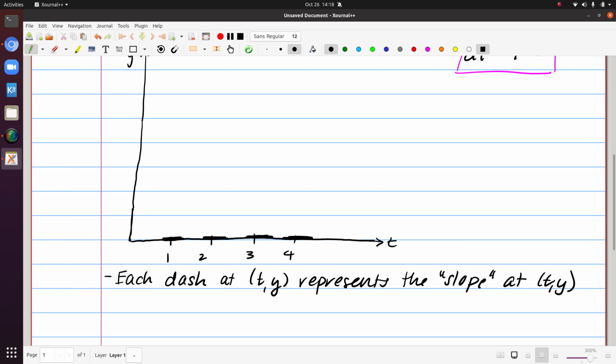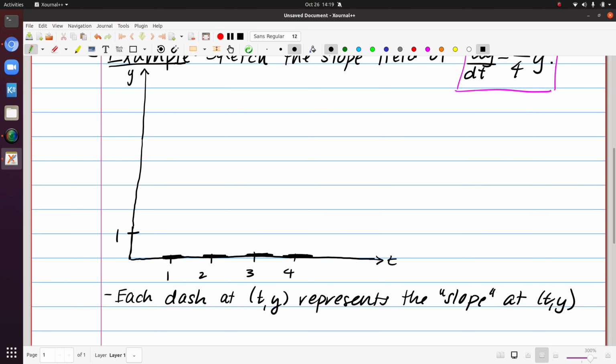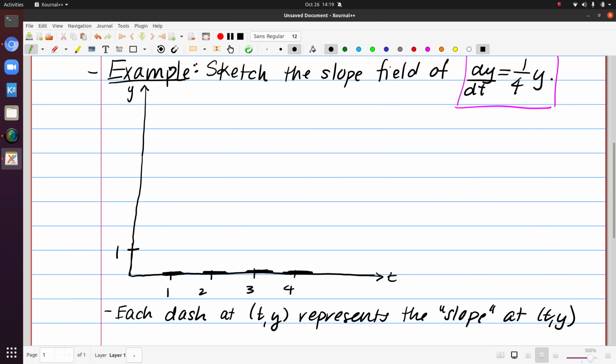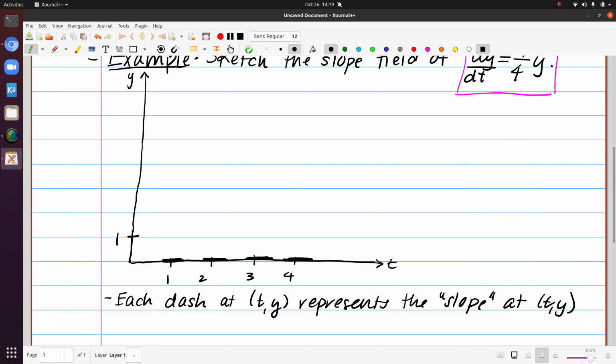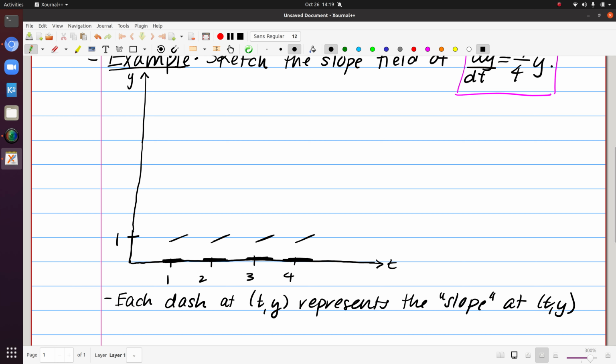One thing we can think about here is, what if we then move up to y equals 1? In that instance, the slope dy dt should be 1/4 times 1. And so I would expect a small positive slope. So what I should sketch here is some line segment that has a positive slope, and I should draw the same line segment everywhere where y is 1 because they all have exactly the same slope.